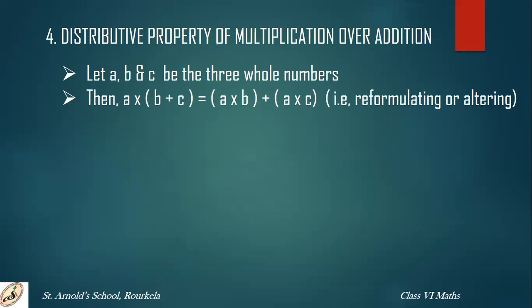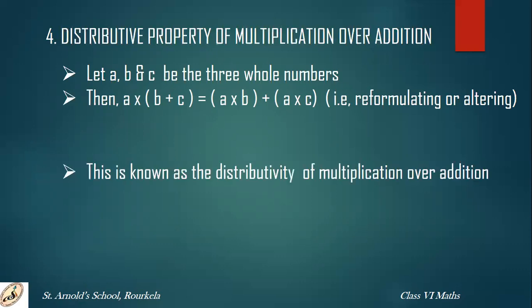Then A into (B plus C), just notice here, B plus C is in the brackets, is equal to A into B plus A into C. What we have done here is just reformulating or altering the left hand side. This is known as distributive property of multiplication over addition.